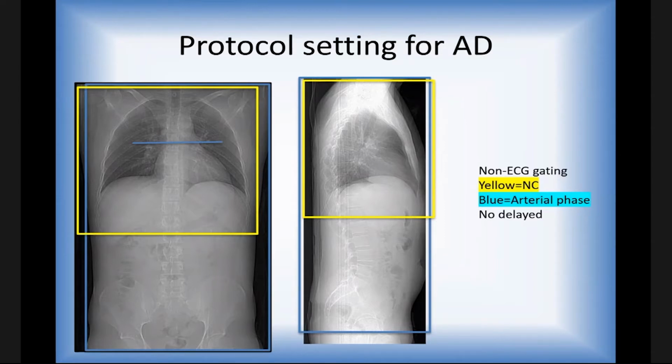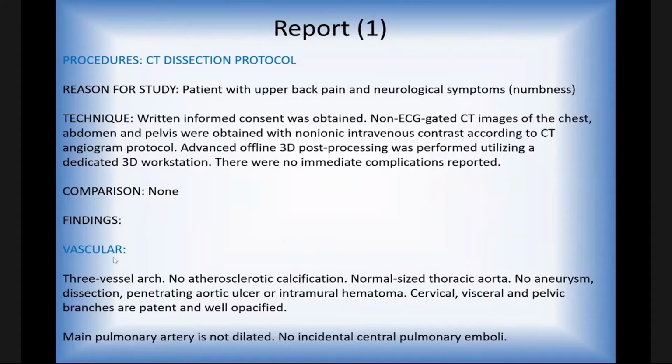For aortic dissection, we talk about just the technique, and then we talk about the vascular findings. For vascular, we have to answer the clinical question: there is or there is no aortic dissection.